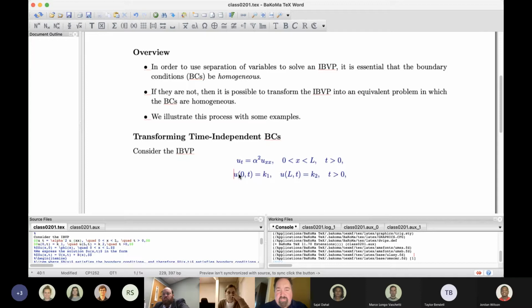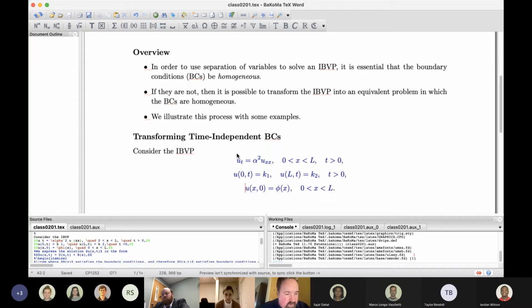The solution at x equals 0 is some constant k1 at the left boundary point, and at the right boundary point, x equals L, it's equal to some other constant, k2. But k1 and k2 are constants. They do not depend on time. That's time independent. And then we have initial conditions. So these three pieces together specify our IBVP.